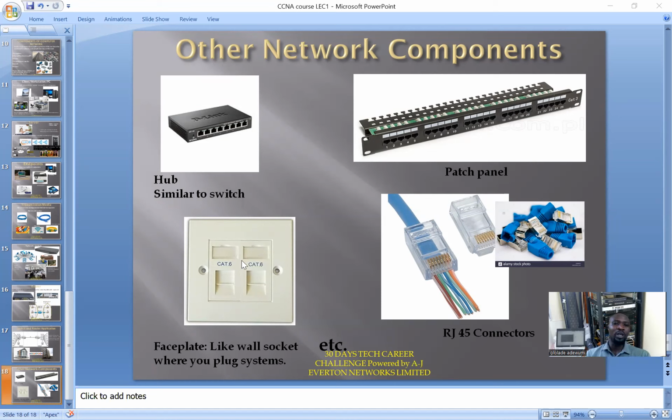The wall socket where you normally plug your network cable is this faceplate, and this is the plug, the head plug. They call it the RJ45 connector. This is the plug that you plug to the wall or to the system.